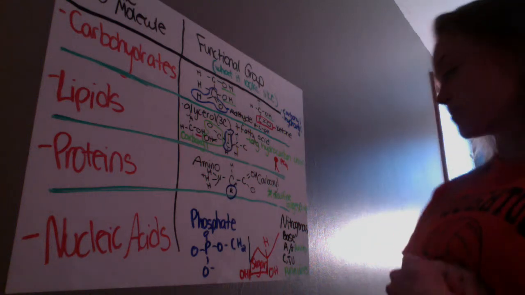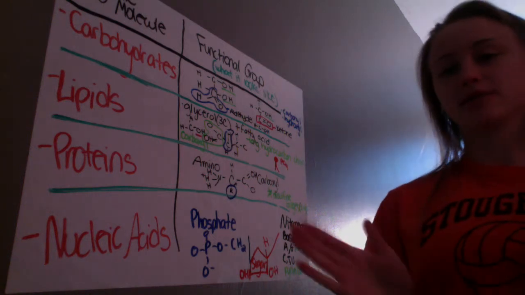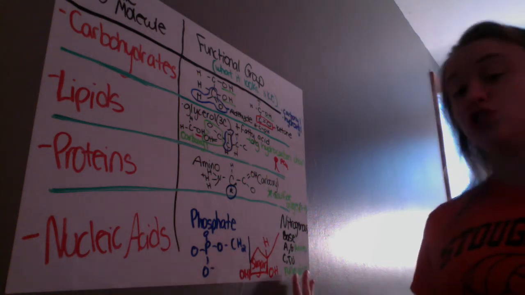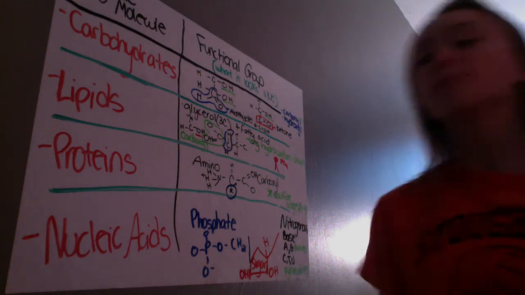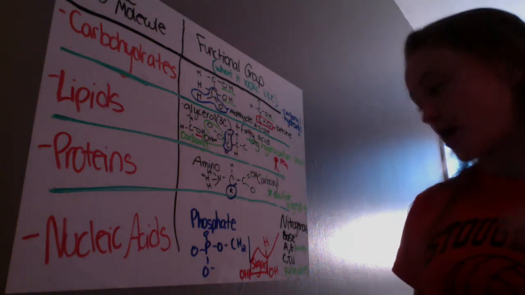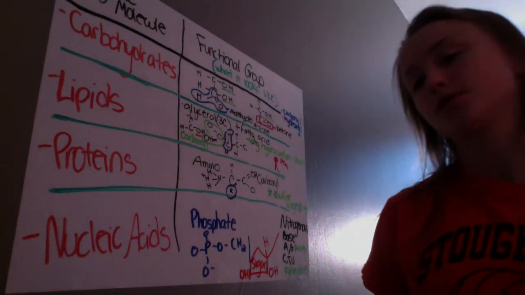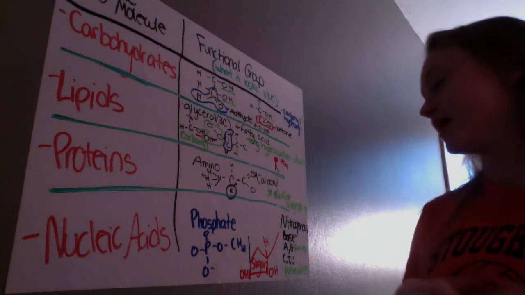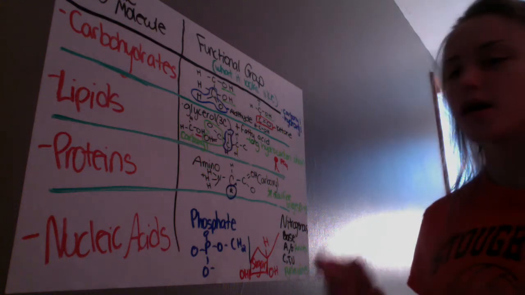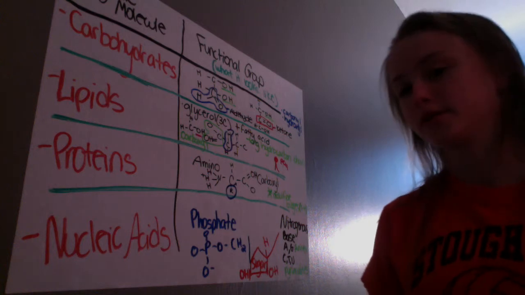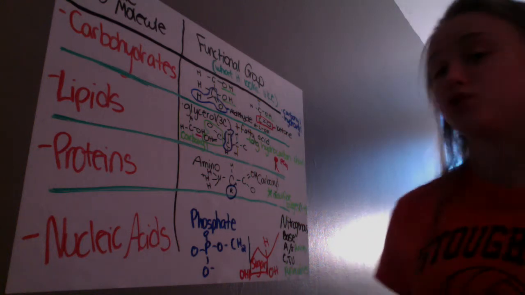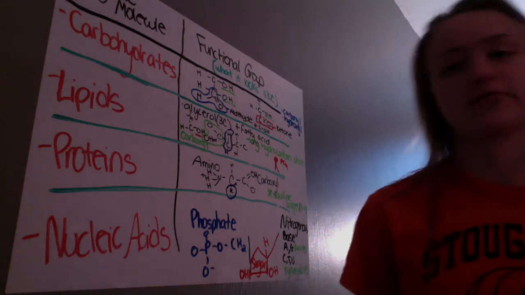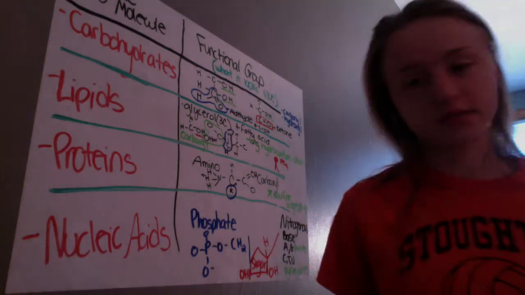Another thing to note about nitrogenous bases, I promise I'm almost done: the C and G form a triple bond. So guanine and cytosine form a triple bond when they're bonded. And then A and T or A and U form a double bond. So obviously C and G are stronger bonds, so they will last longer if they're ever being tested, I guess.